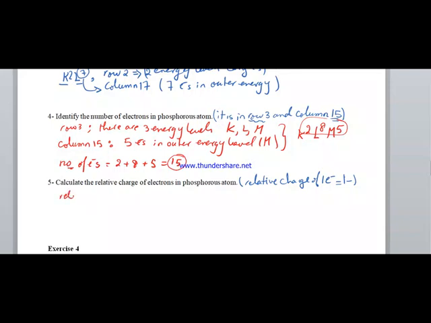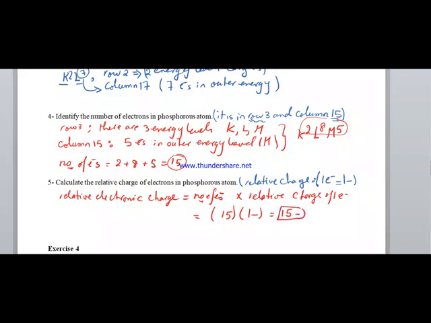The relation for the relative electronic charge is equal to the number of electrons times the relative charge of 1 electron. The number of electrons is 15 and the charge of 1 electron is 1 minus, so the relative charge is 15 minus. This is the value of the electronic charge in the phosphorus atom.